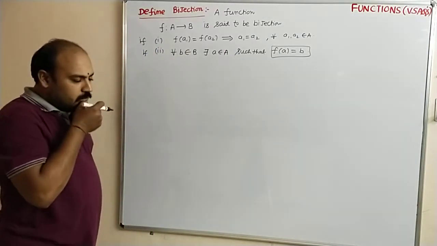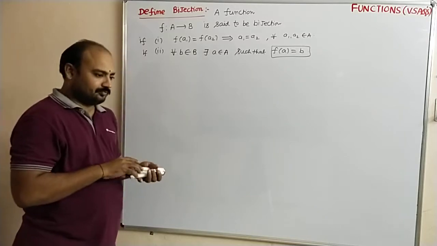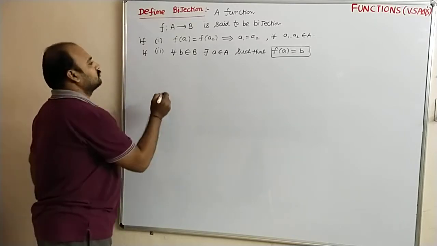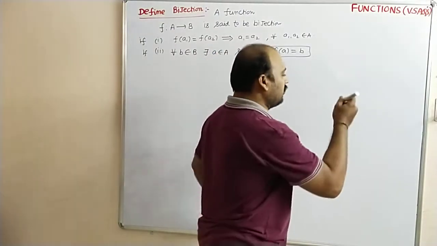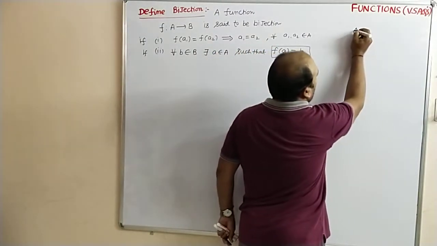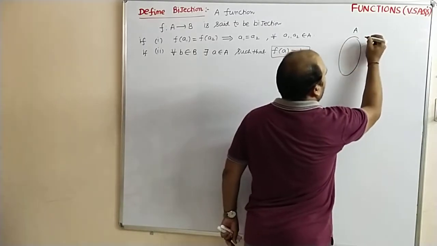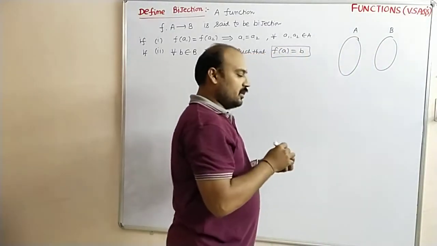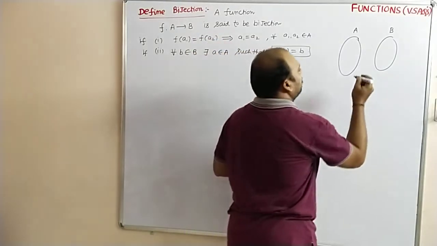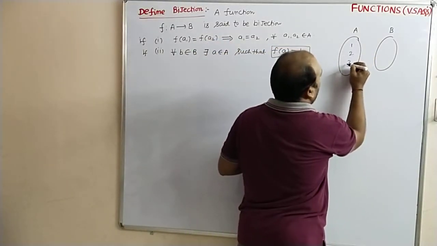So for example, in general, diagrammatically, we will discuss. A is the domain and B is another set. Here 1, 2, 3 and here a, b, c.